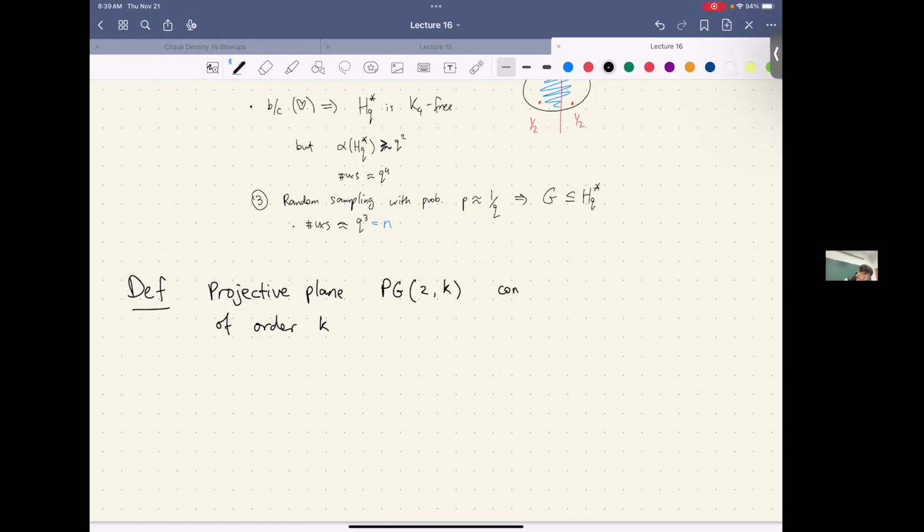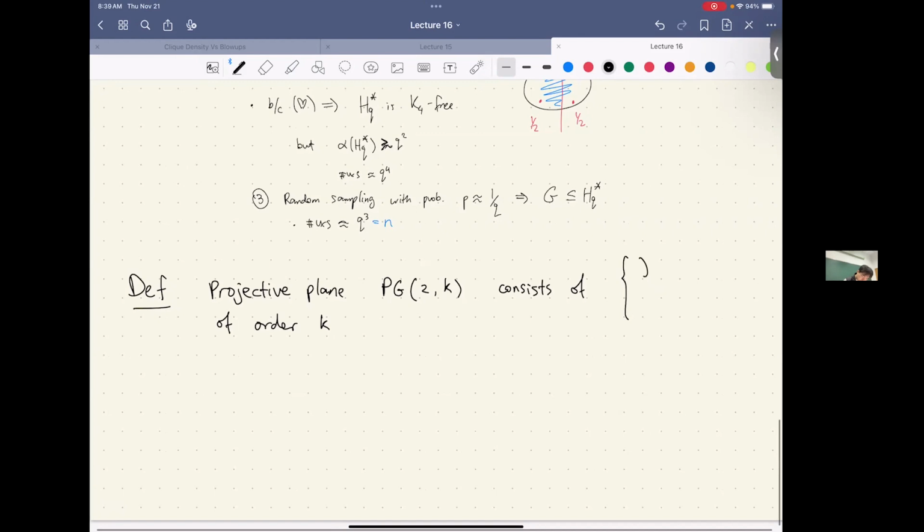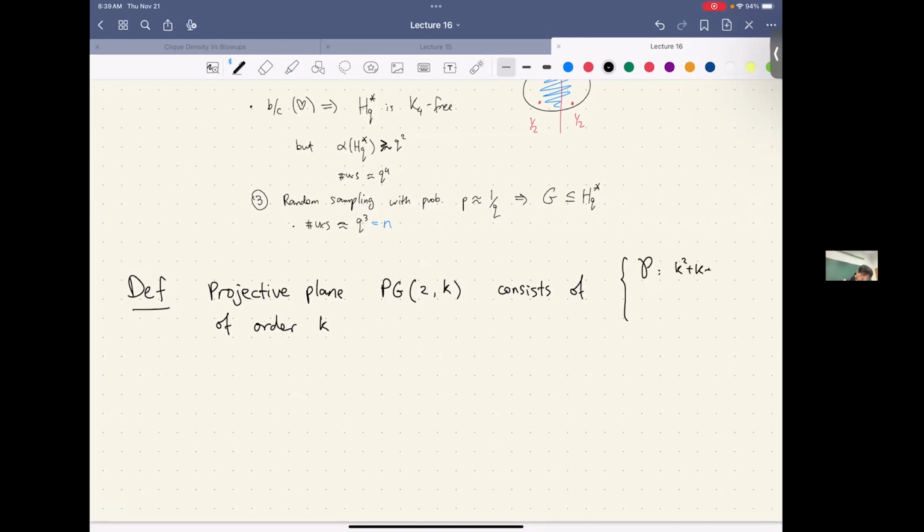So it consists of two things: a set P of K squared plus K plus 1 points, and a set L of K squared plus K plus 1 lines, such that every 2 points determine a line, meaning that there is a unique line going through every 2 points.